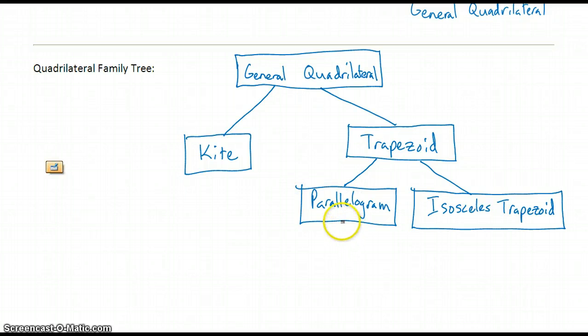Now if we branch the parallelogram and the isosceles trapezoid together, if we take everything that makes a parallelogram and combine it with everything that makes an isosceles trapezoid, we get a rectangle.